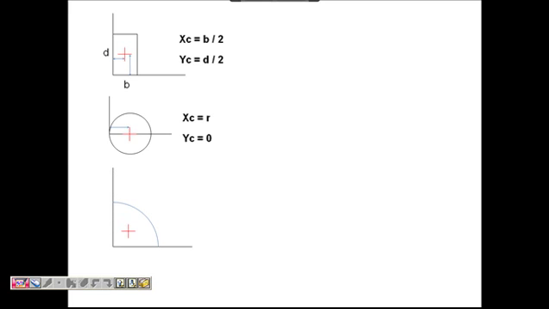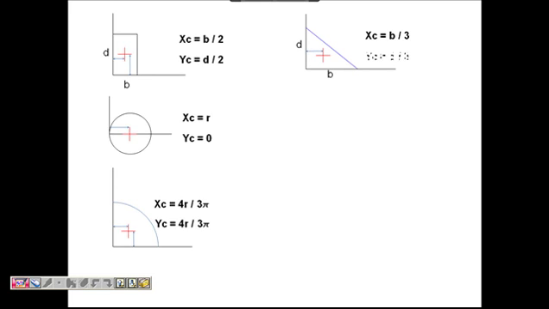Another standard figure is the quarter circle, where the marked centroid has x coordinate as 4r by 3 pi and also y coordinate as 4r by 3 pi. For the triangle, the similar numbers are x coordinate b by 3 and y coordinate d by 3. And for the semicircle, x coordinate is actually only the radius, but y coordinate is 4r by 3 pi.